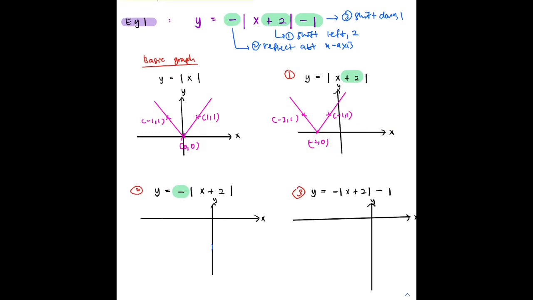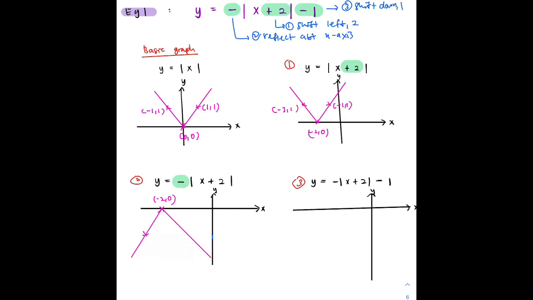So let's draw the new graph. And then let's put the coordinates. So (-2, 0) is still the same. And then (-3, 1), when you go down, your x coordinate doesn't change. This is still -3, but your y coordinate now will be a negative number.